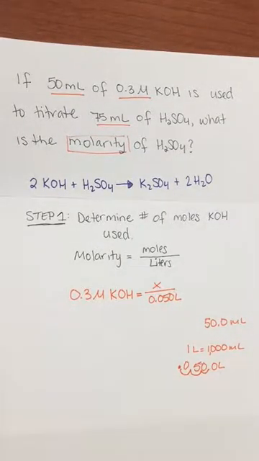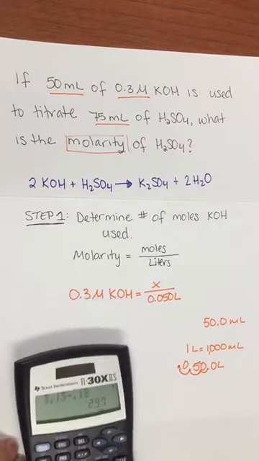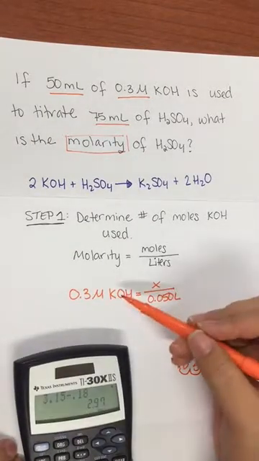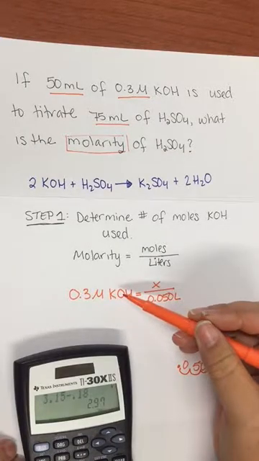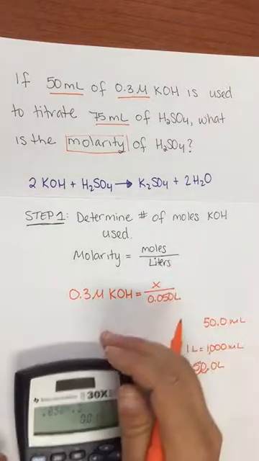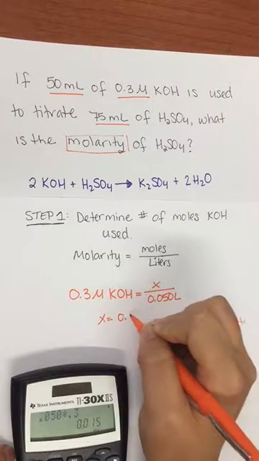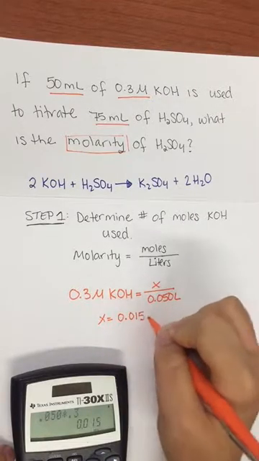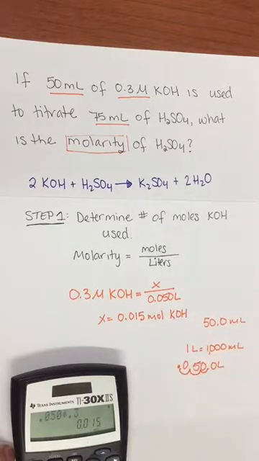At this point, I'll just do the math. To solve for x, I take my 0.050 liters times 0.3 molar KOH, and I get 0.015 mole KOH.